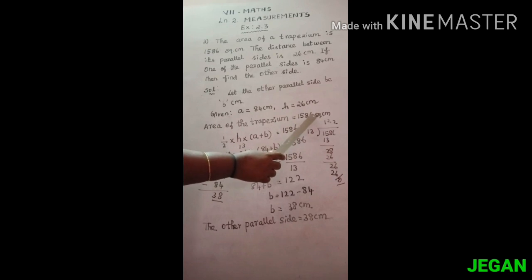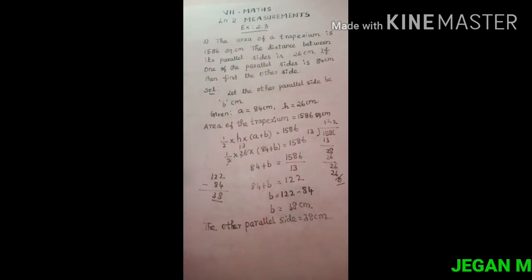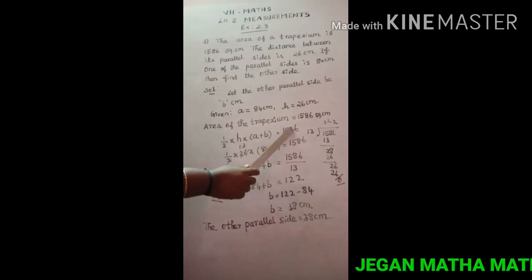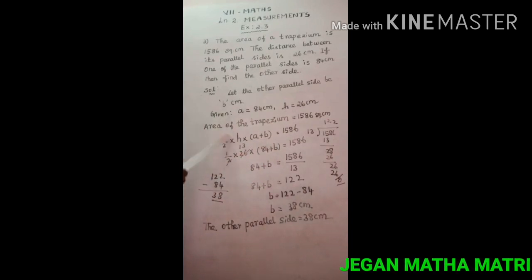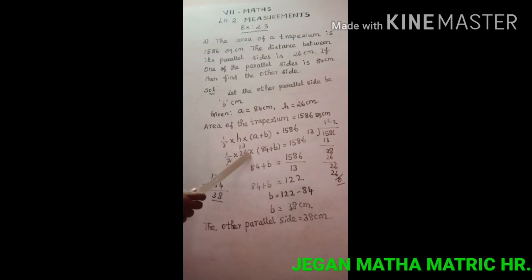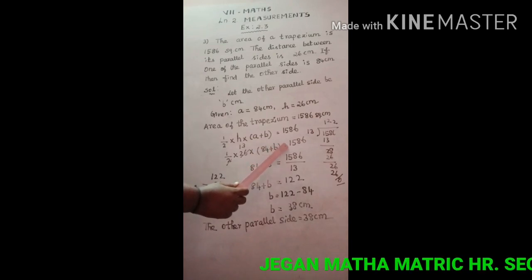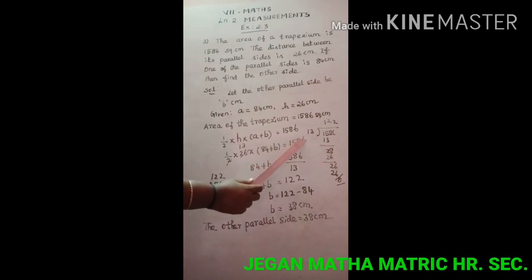1586 square centimeter. Already we know the area of the trapezium is equal to 1 by 2 multiply with height multiply with a plus b is equal to 1586. Substitute the given value. We have 1 by 2 multiply with 26 multiply with 84 plus b is equal to 1586.